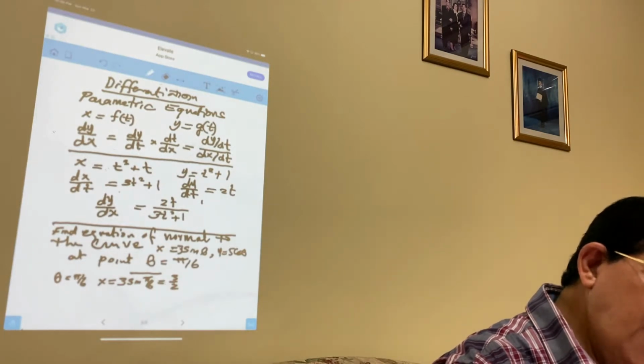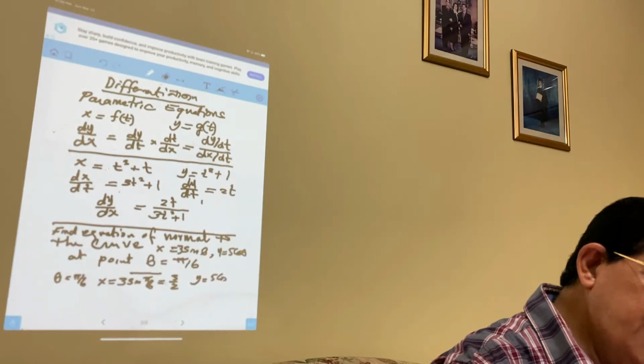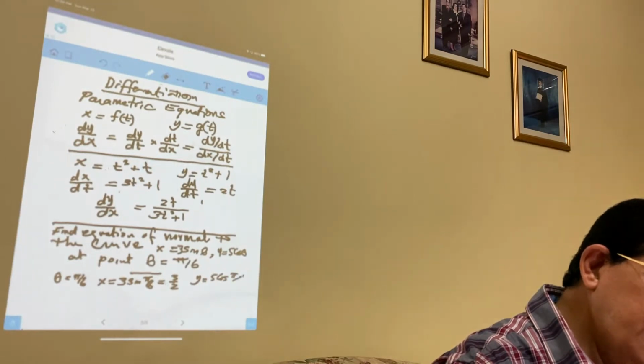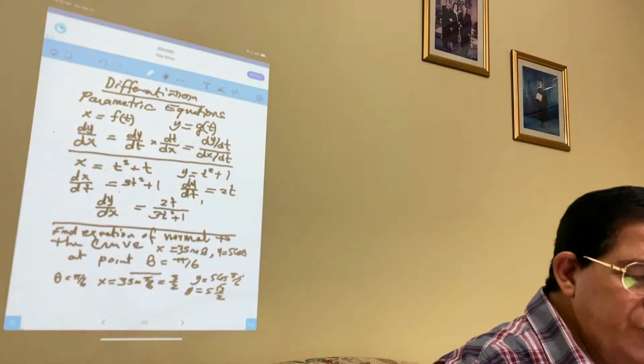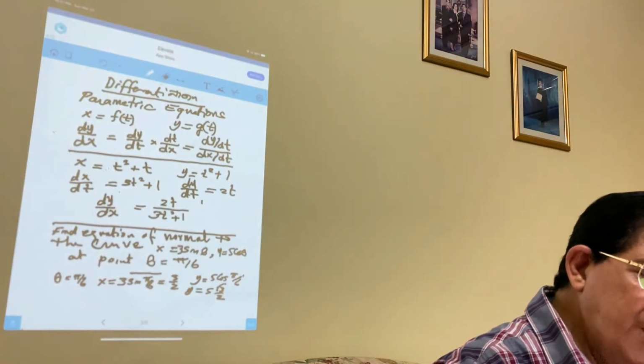And y equals 5 cosine pi over 6, which means y equals 5 times root 3 over 2. We got the value of x and the value of y.